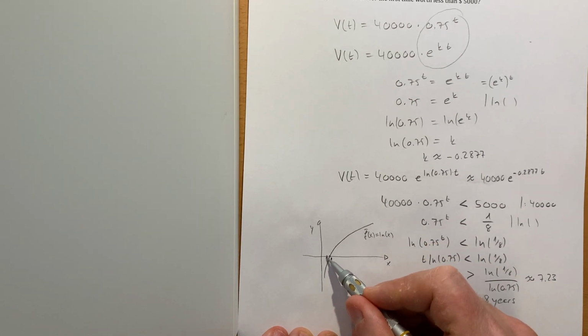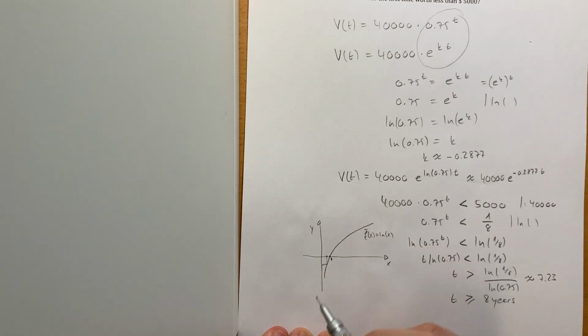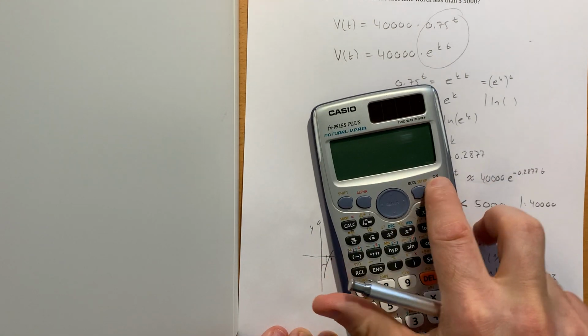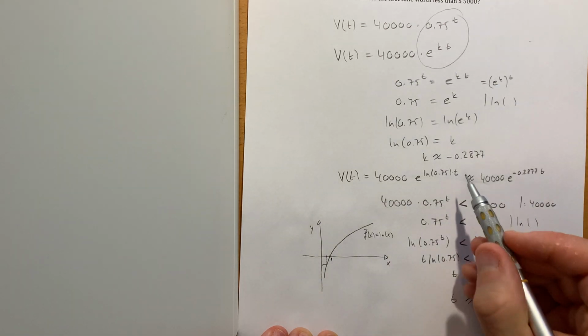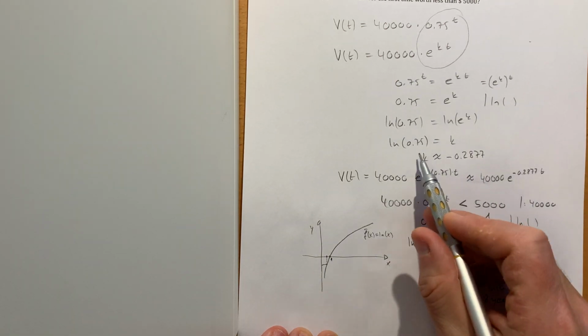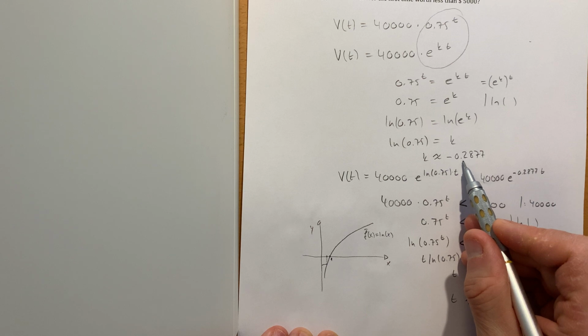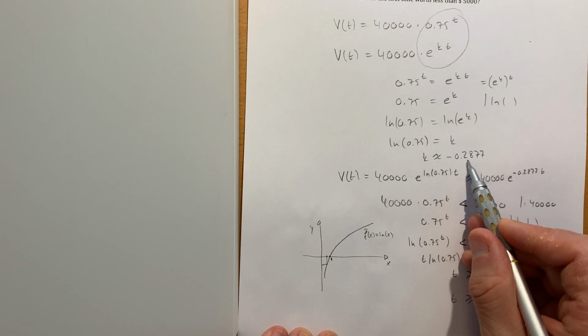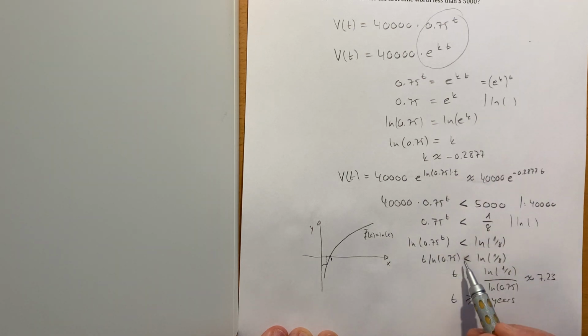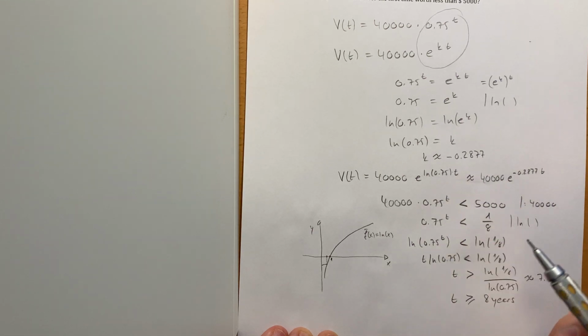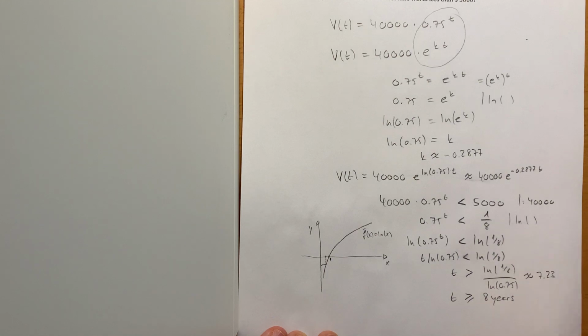For example, 0.75, that's about there. So you're going to get a negative y value. That means this value will be negative. We calculated it before, it's minus 0.2877. So you're dividing by this negative number. So please be careful. I hope it wasn't too difficult. See you in the next one.